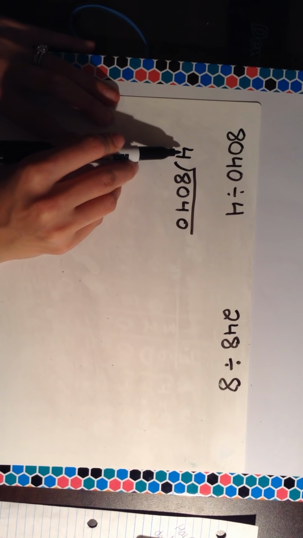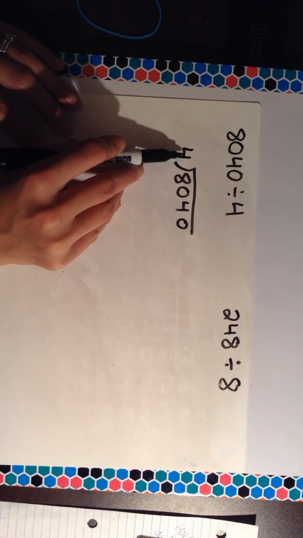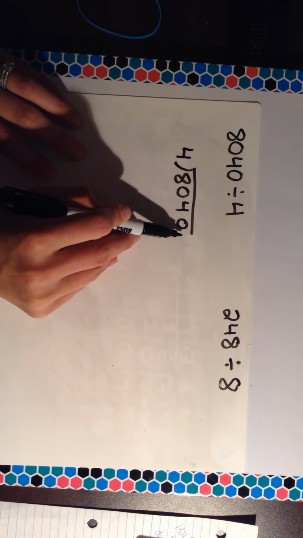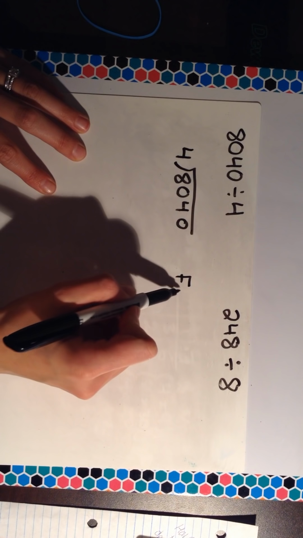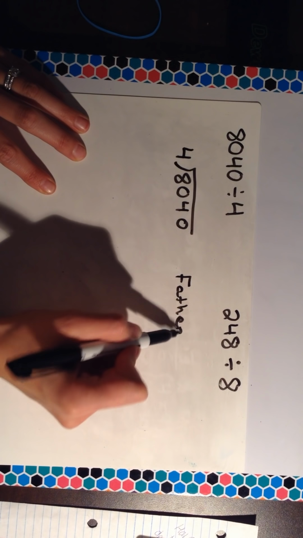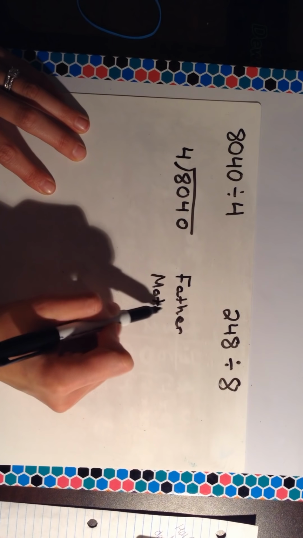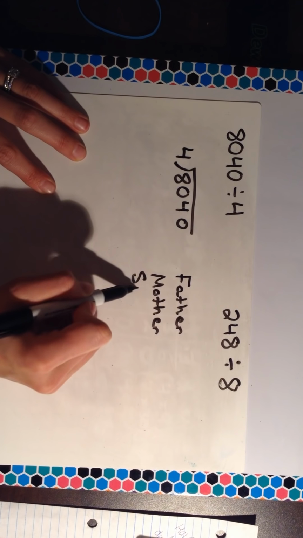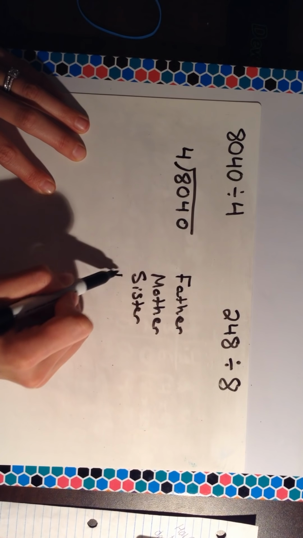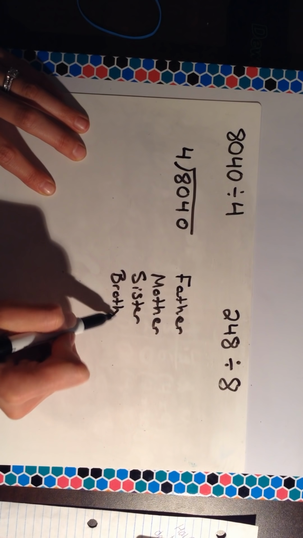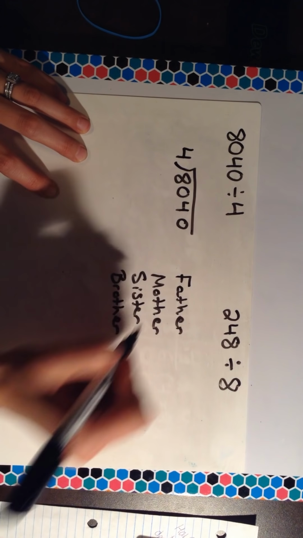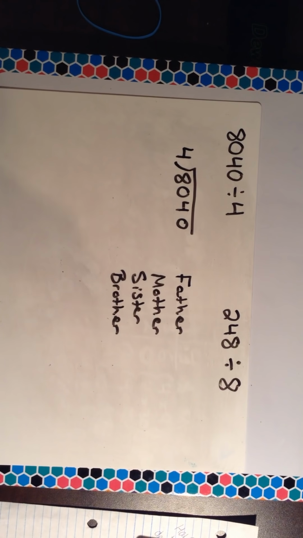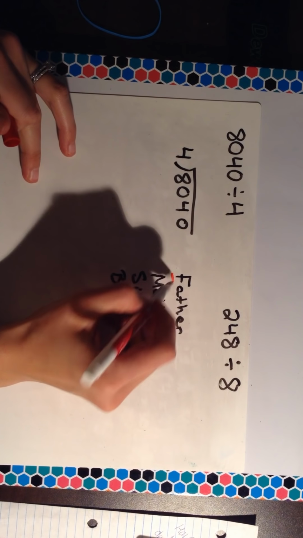So then I need to think, how many times does 4 go into 8,040? And I like to use the father, mother, sister, brother rhyme to kind of help me. And we're really just looking at find, multiply, subtract, bring down.